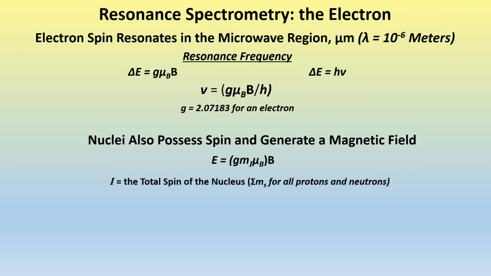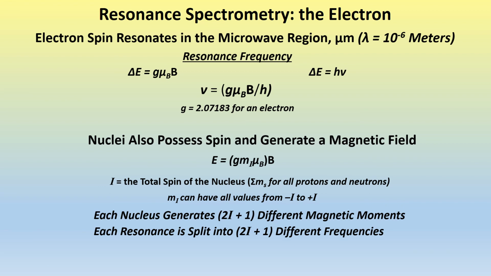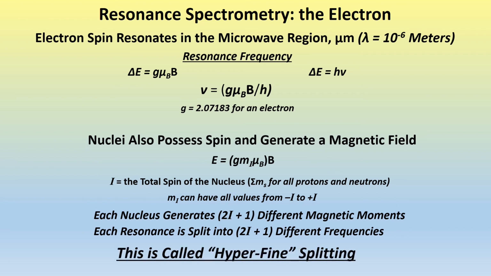This is the sum, essentially, of m sub s for all protons and neutrons within the nucleus, and as mentioned, can change in value anywhere from minus I to plus I. Therefore, each nucleus generates 2I plus 1 different magnetic moments. Hence, these magnetic moments will affect the resonance of the electrons, and each resonance is split into 2I plus 1 different frequencies. This is called hyperfine splitting.